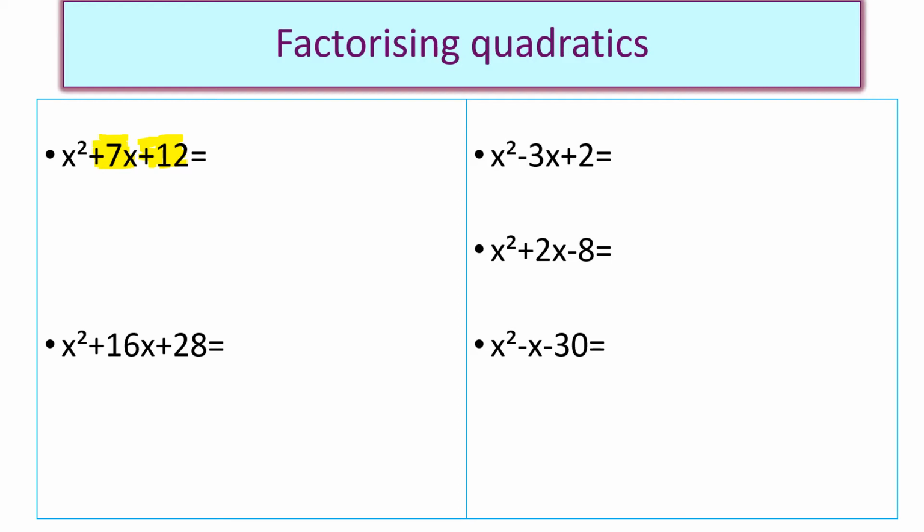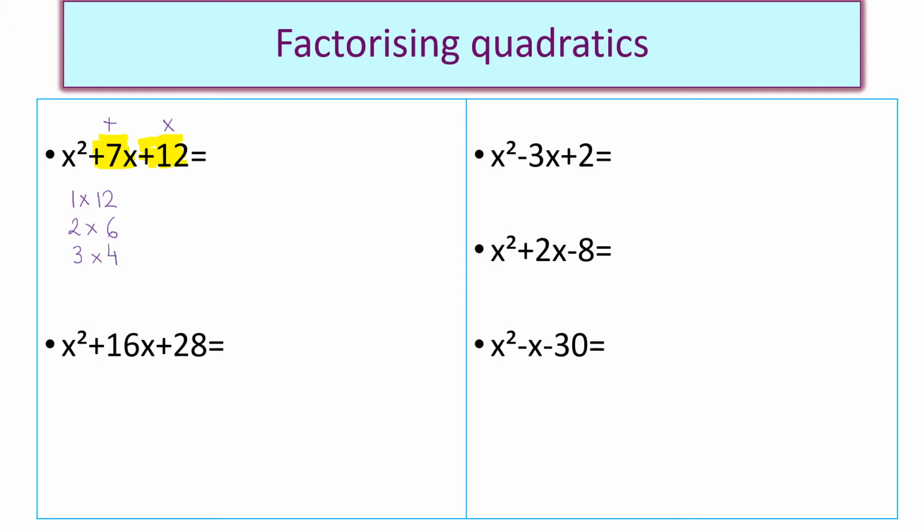I want two numbers that I times to get 12, and the same two numbers that I add to get 7. So I'm going to start off by writing out all the pairs of numbers that I can times to get 12. That is 1 times 12, 2 times 6, and 3 times 4.